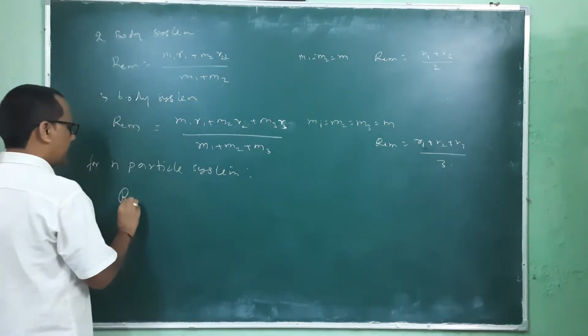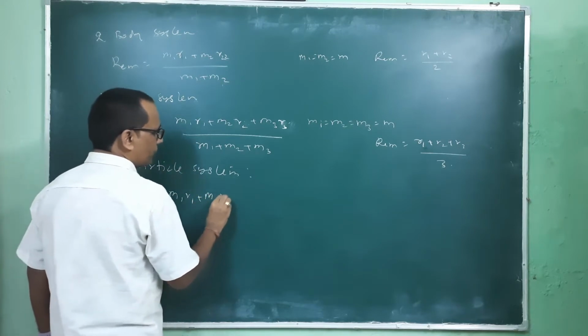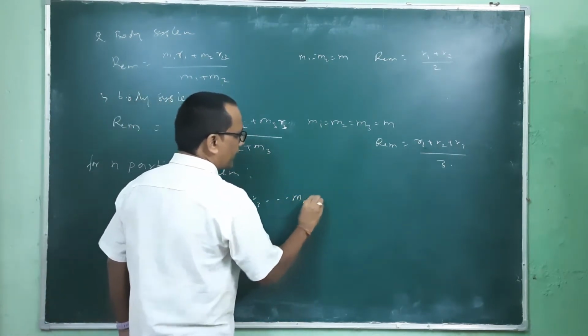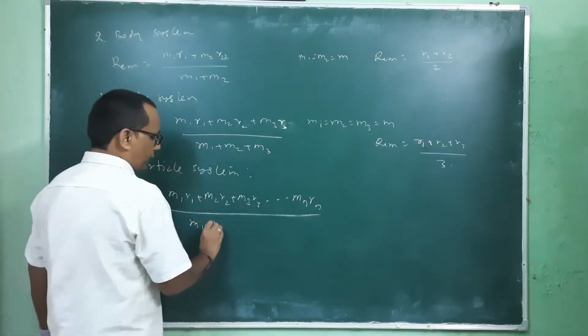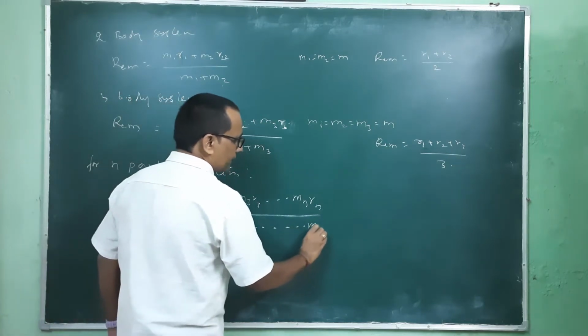And for an n particle system, this RCM is equal to M1R1 plus M2R2 plus M3R3 and so on up to MnRn, by M1 plus M2 plus M3 and so on up to Mn.